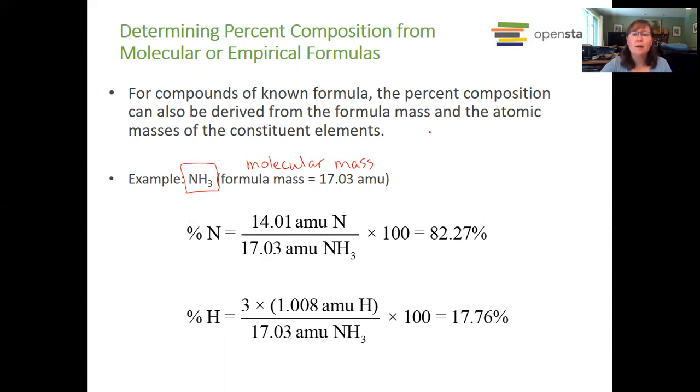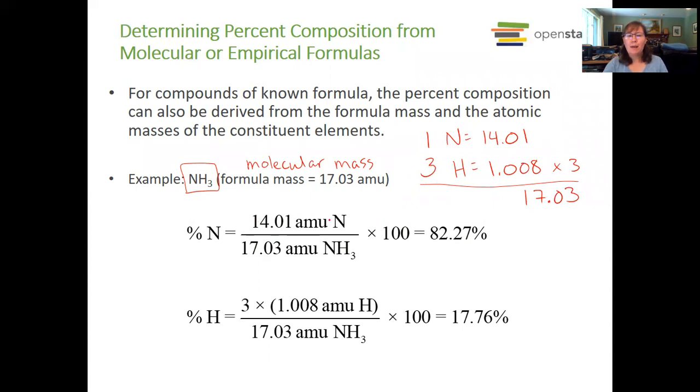Okay, so here we say, well, we have one nitrogen at 14.01, and we have 3 hydrogens at 1.008. I'll go ahead and use their numbers. And so what you do is you use that one nitrogen here divided by your total, because when you add all of these up, you get that 17.03.